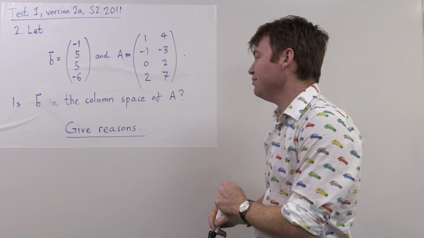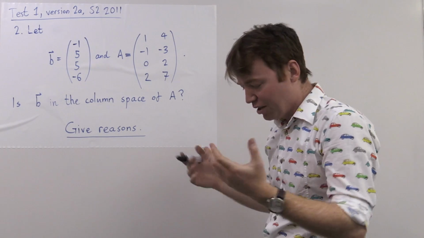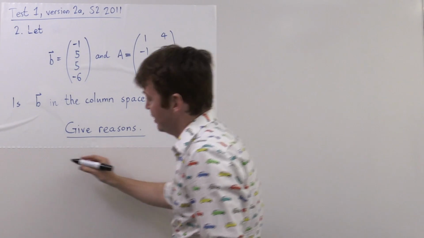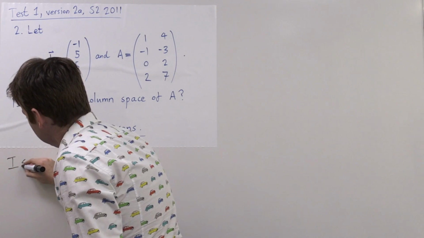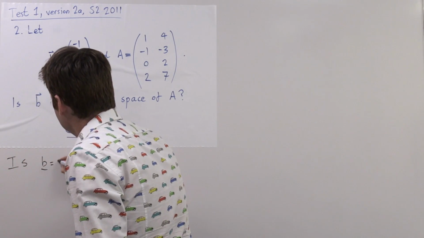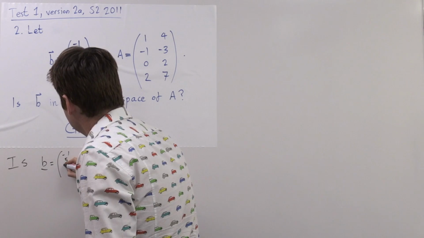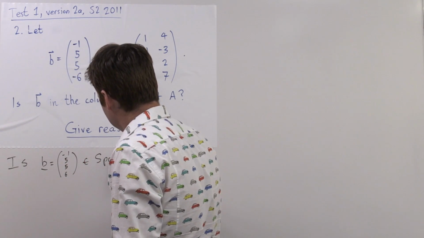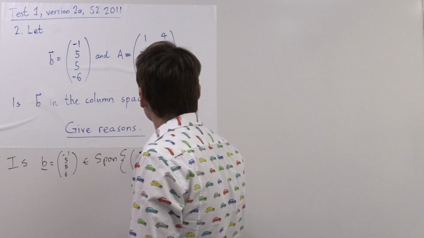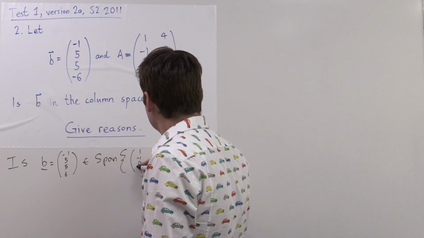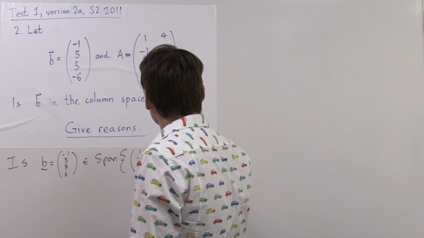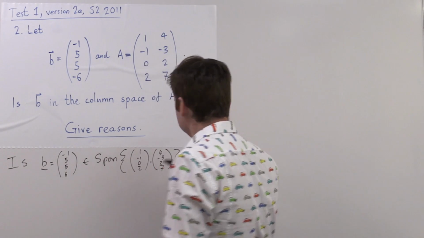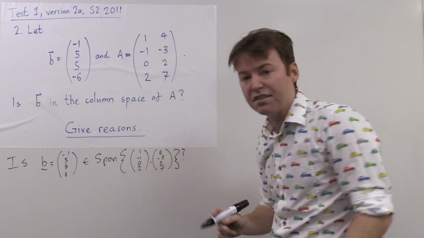So, the column space of A. The column space of A is the span of the columns of A. So an equivalent question would be, is B in the span of the columns of A? This is an equivalent question.